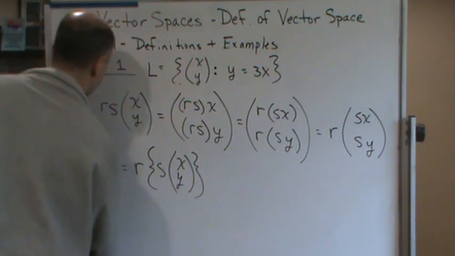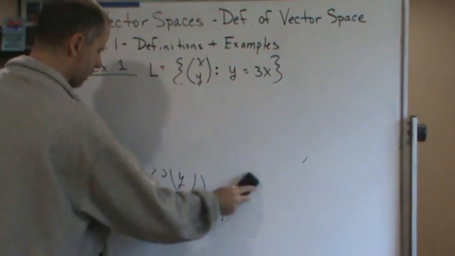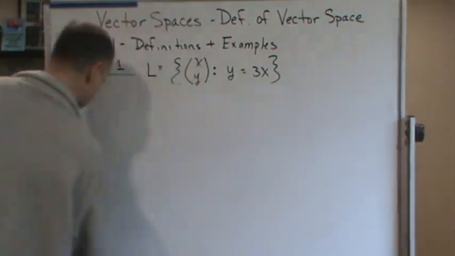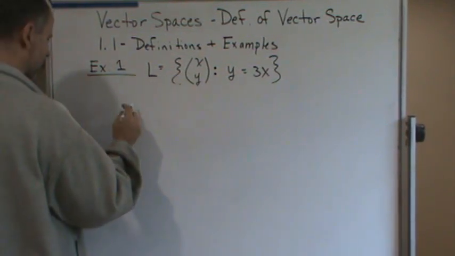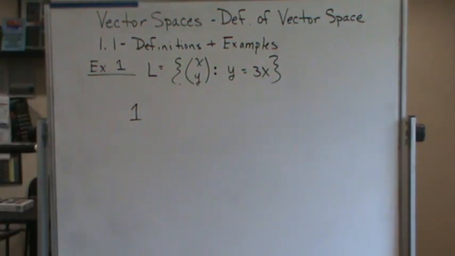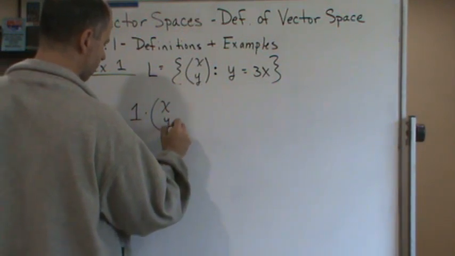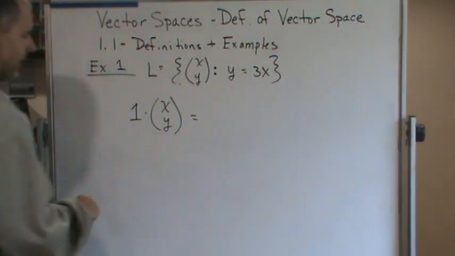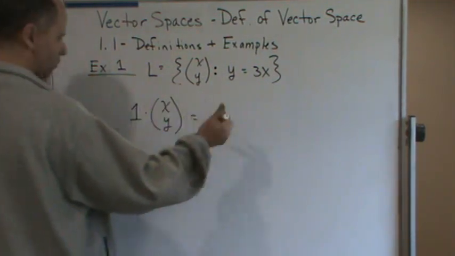Now, the final and 10th condition, and that's the multiplicative identity, 1. Okay, so now this is pretty straightforward. We take the number 1, and we multiply it by any vector in L. And what do we get? Well, it's going to give us the same thing because, again, we're just going to do it component-wise.